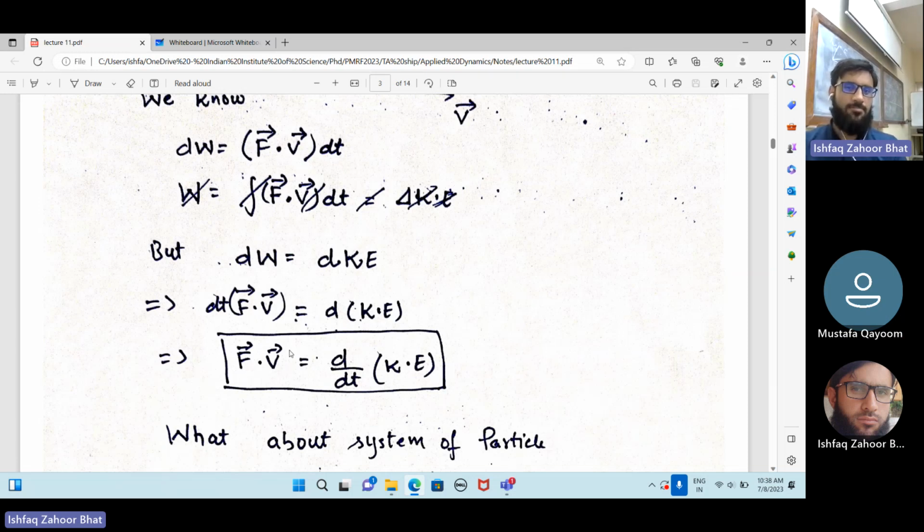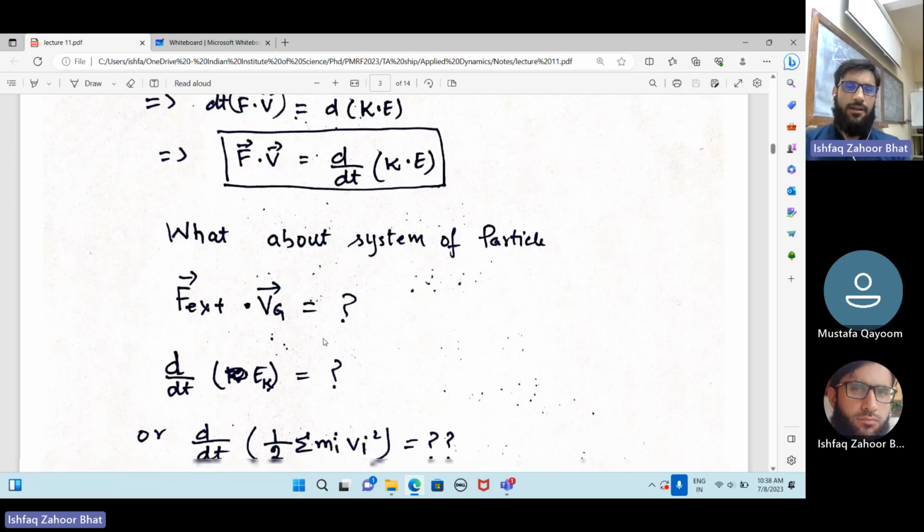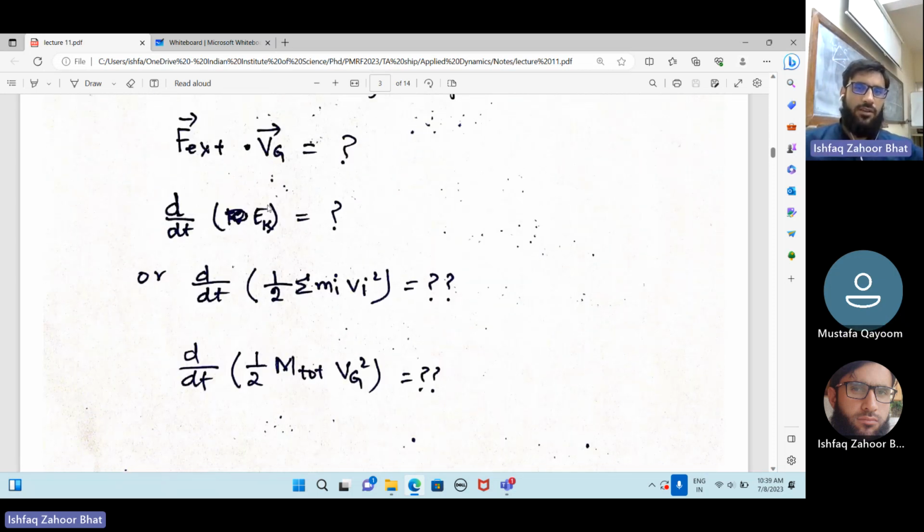Okay, so F dot v is power. Yes, it is fine. But I am saying, what is this d by dt of Ek? How will you be relating it with the total mass, external forces, or maybe something related to the center of mass? So how will we get that picture?